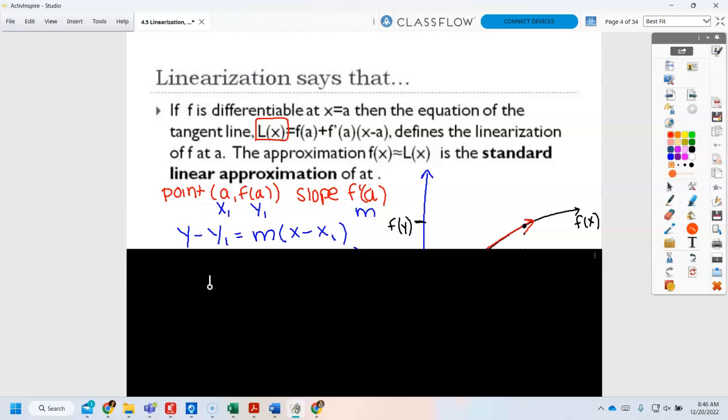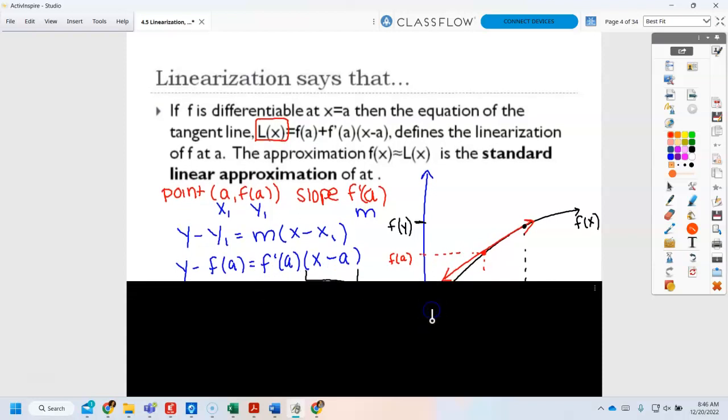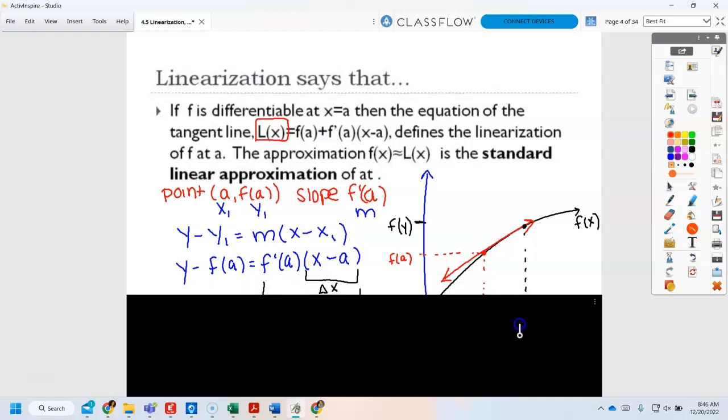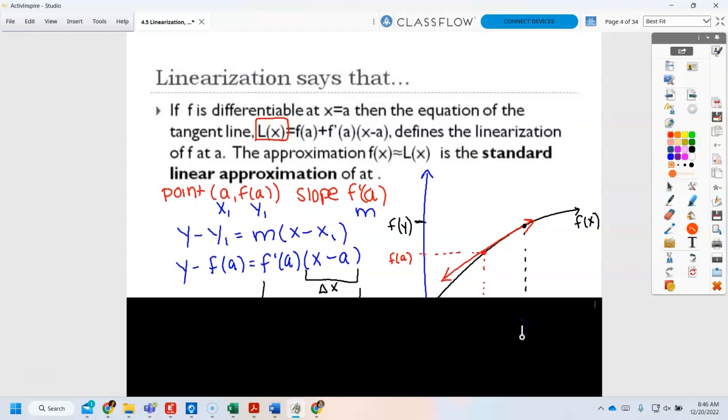And now in calc, we're going to replace the point-slope form as we knew it with f of a and f prime of a. And then we're going to talk about what they mean in terms of calc. So x minus a represents the change in x to a. So we oftentimes refer to that as delta x.